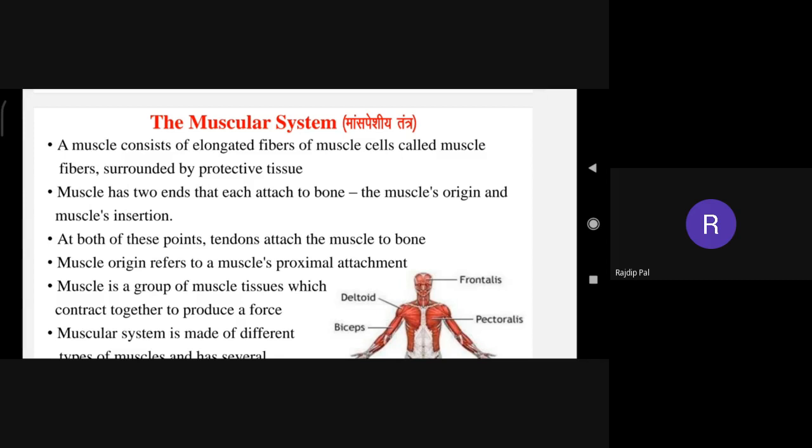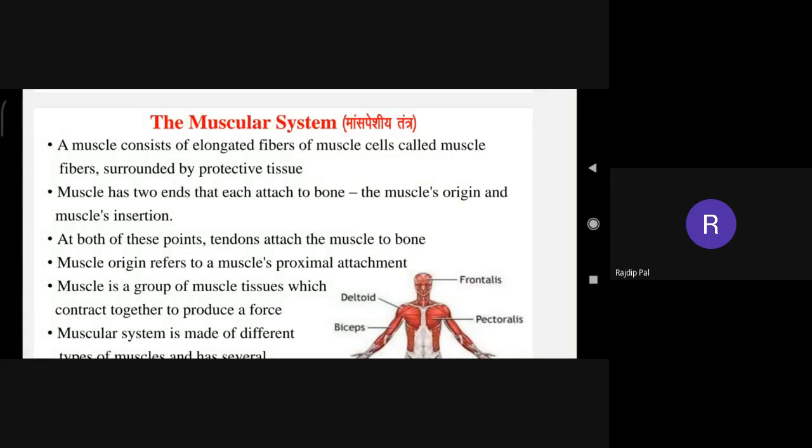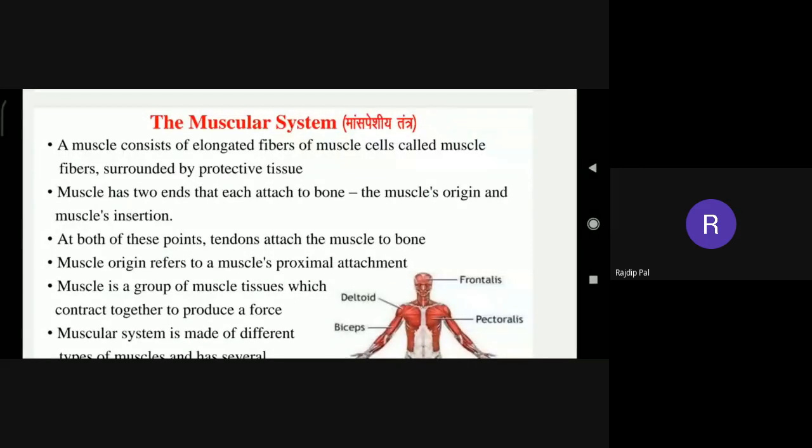Originating point means from where the muscle is getting started, and the other end is insertion point, means the ending point of muscle. Each end is connected to bone by tendon. Obviously, the connective tissue which connects muscle to bone is known as tendon.